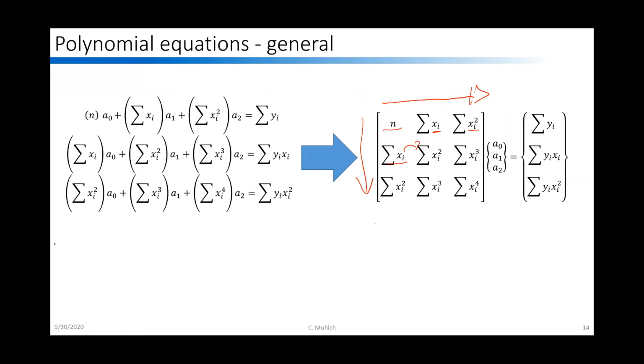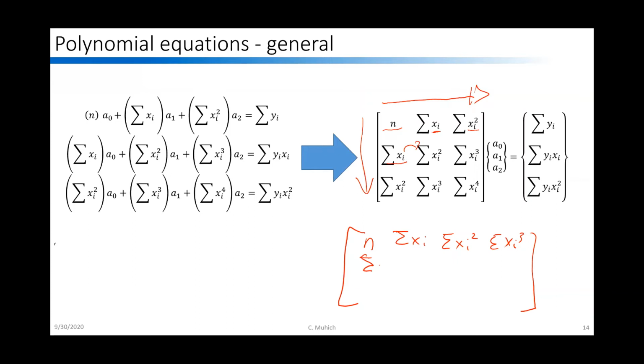So if I generalize this out to, say, a third dimension, you would get this still n, sum of xi, sum of xi squared, and then the sum of xi cubed, right?